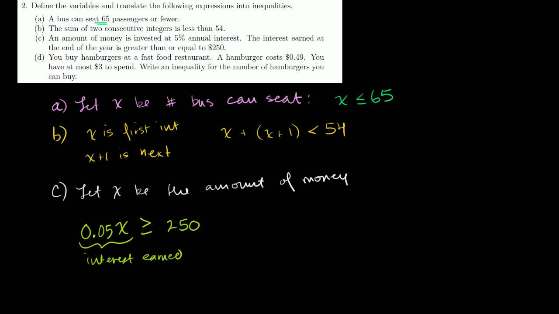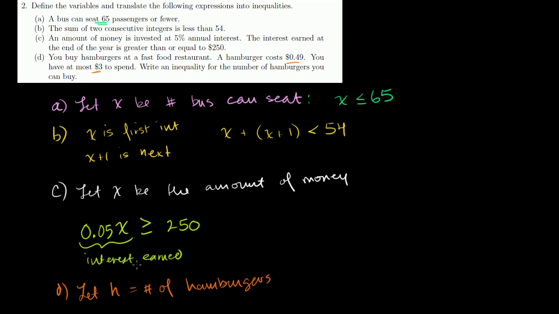And part D. You buy hamburgers at a fast food restaurant. A hamburger costs 49 cents. You have at most $3 to spend. Write an inequality for the number of hamburgers you can buy. So let's change the letters. Let h be equal to the number of hamburgers.